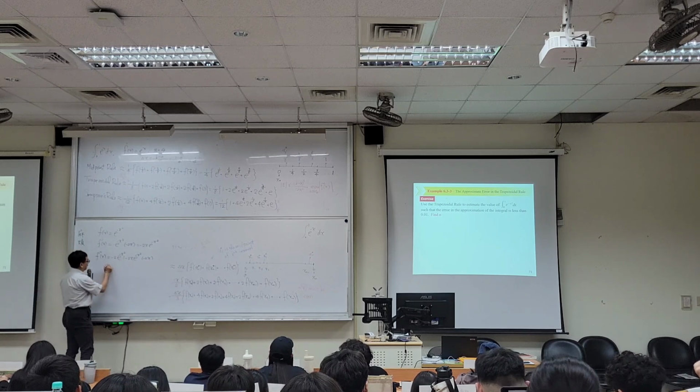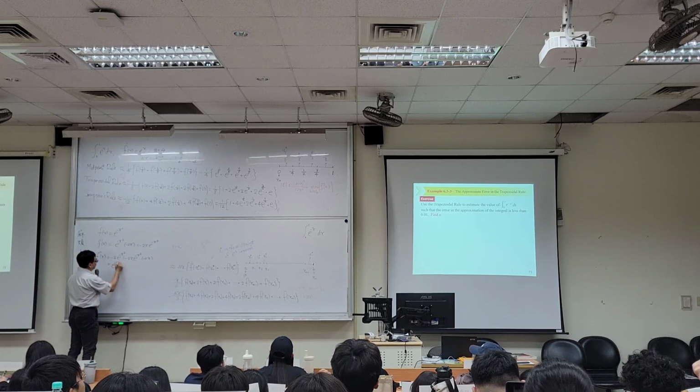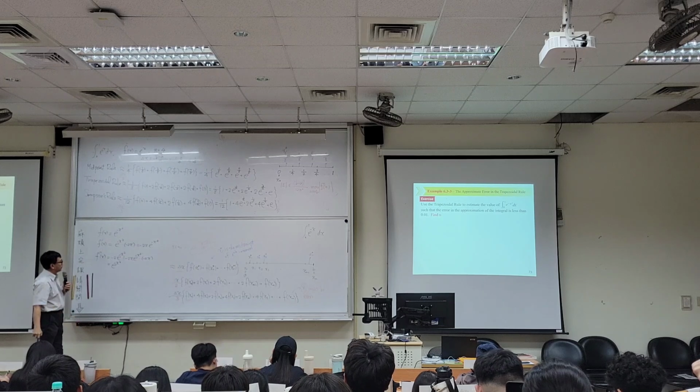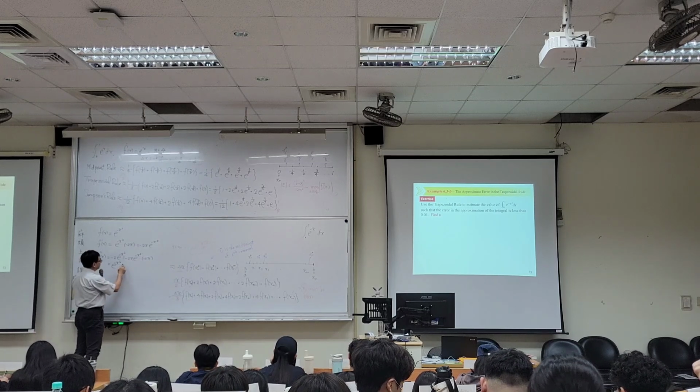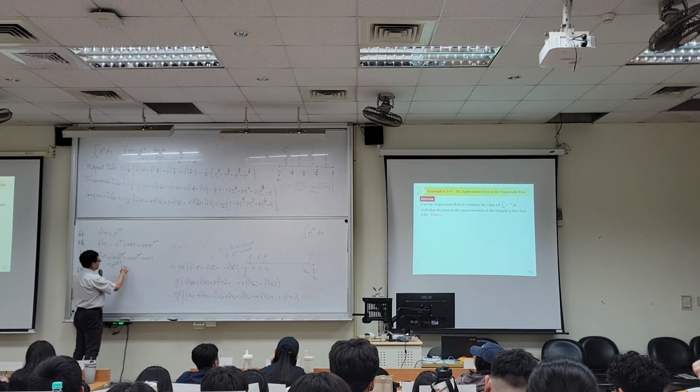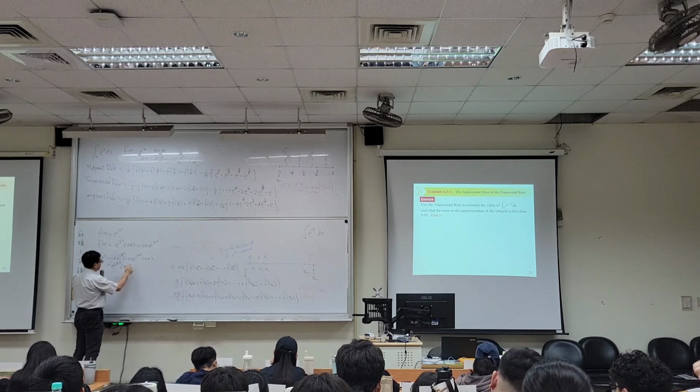So you will have e to the minus x squared times (4x squared minus 2).